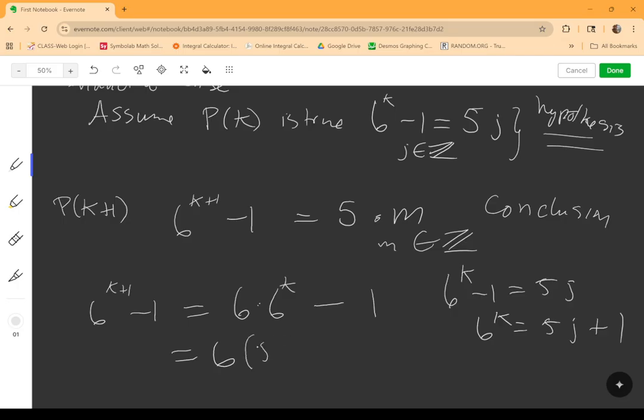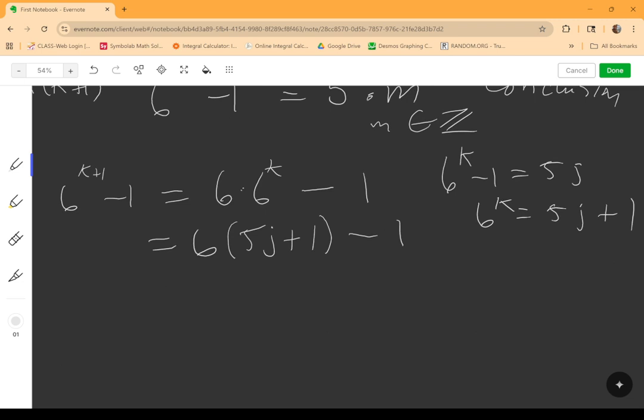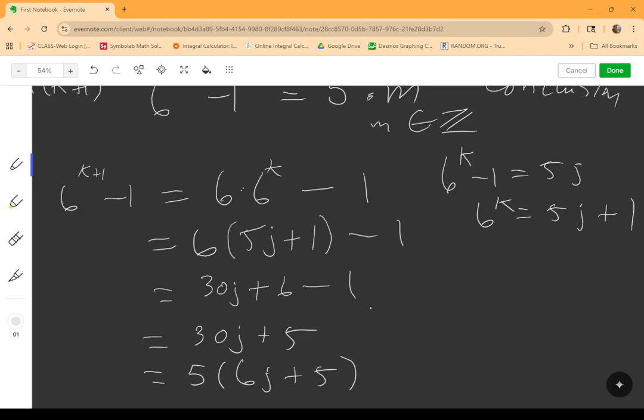So here we have 6 times (5j plus 1) minus 1, and doing this we get 30j plus 6 minus 1, which equals 30j plus 5. And now I can factor out a 5, and we get 5 times (6j plus 1).